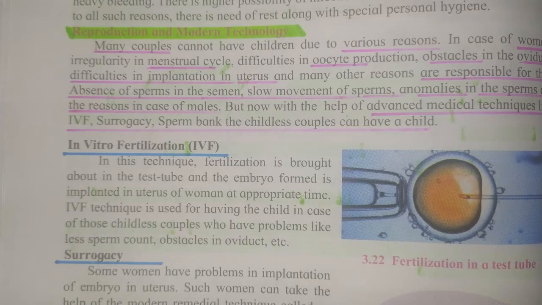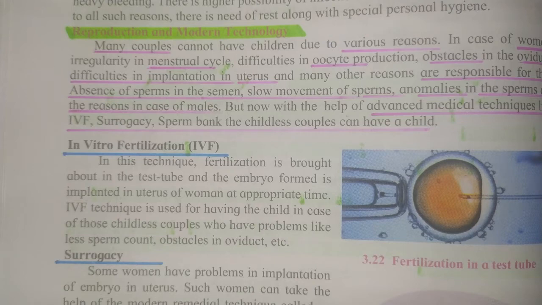Next method, surrogacy. Some women have problems in implantation of embryo in uterus. So if this situation is there in woman, such woman can take the help of the modern remedial technique called surrogacy. In this technique, oocyte is collected from the ovary of the woman having problem in the implantation in uterus. That oocyte is fertilized in test tube with the help of the sperms collected from her husband.